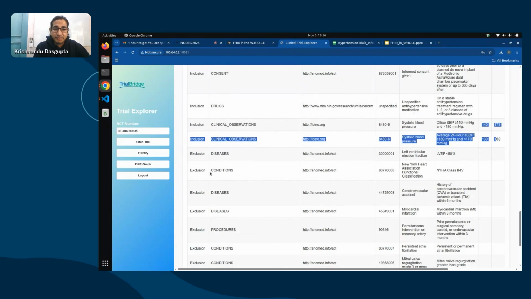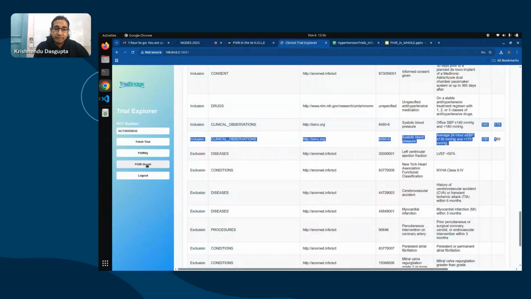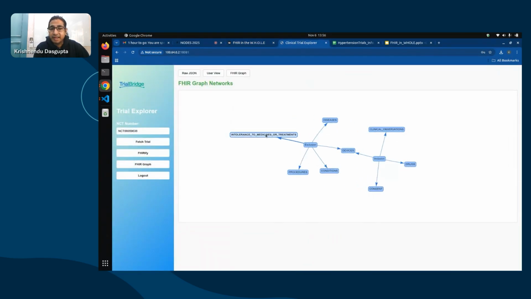But then the biggest question comes in: with the patients that we showed you over here, what do we do with them? The person is already having a condition, so what next? How do you use it? This is where we create something called a graph. For example, from the same data, if a criteria has an indication criteria, and a person is having some kind of disease or condition, they will be mapped to this condition.